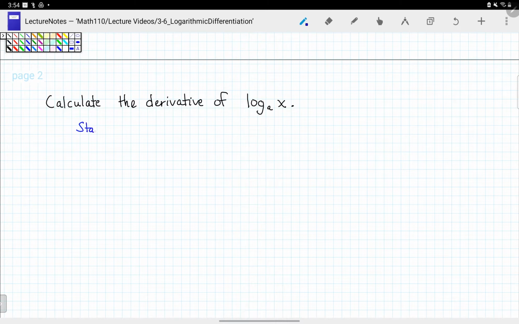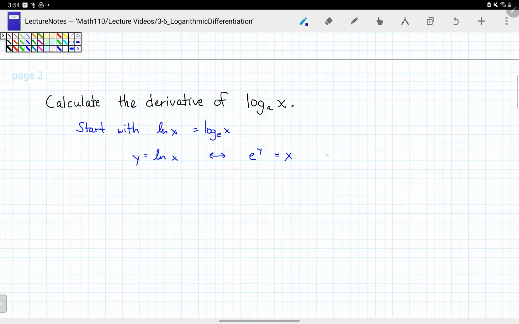So let's actually start with the natural log, which is base e. Okay, and we're going to do the same thing that we did before, which is we're going to convert this into the inverse relationship. So if I have y equals the natural log of x, this is equivalent to saying that e to the y equals x.